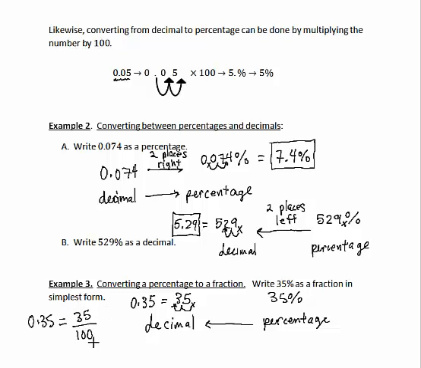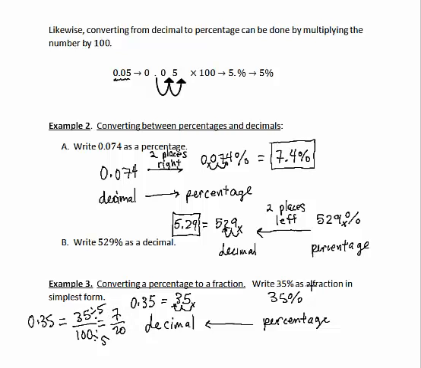it wouldn't write it based off of 100, because 35 over 100, you can simplify it. The reason we can simplify it is because 5 divides into 35 and 100. So we divide the top by 5 and the bottom by 5, and we end up with 7 over 20.